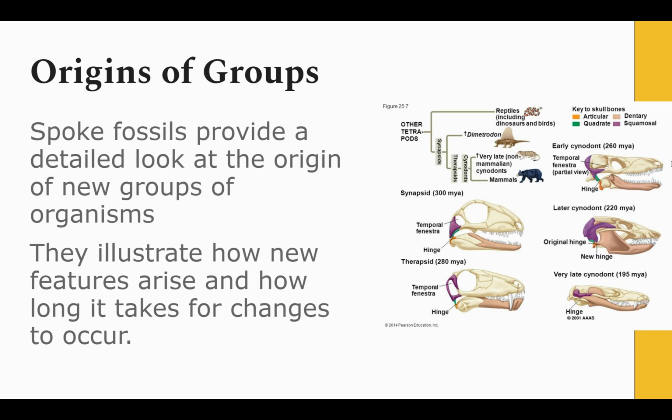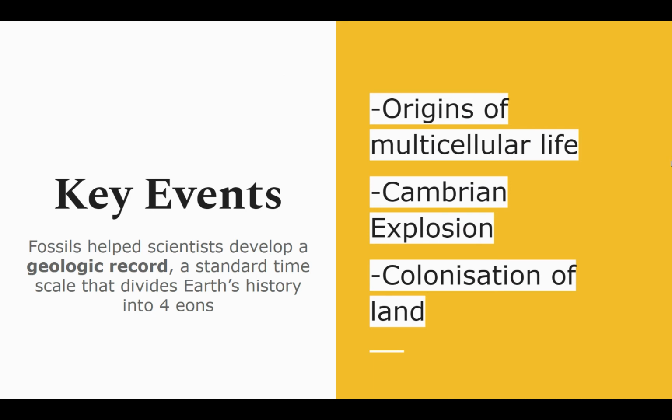So as we look at all of these fossils, we can find groups of organisms that help us create a timeline. So this is our geologic record. That's what we needed fossils for, which is a standard time scale.